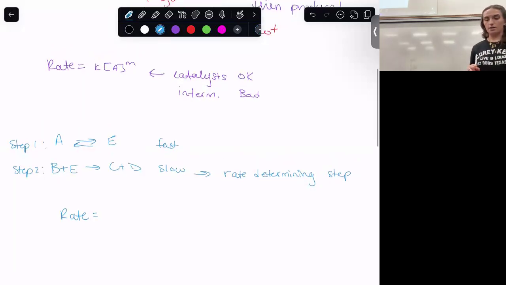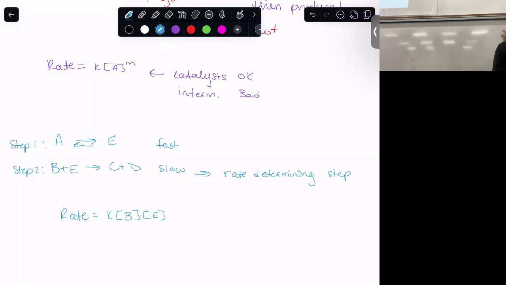This is rate law, like the one in purple above. There would just be k[E]. Yep, perfect. So that's what we would expect the rate law for step 2 to look like, given the fact that it is a slow step.